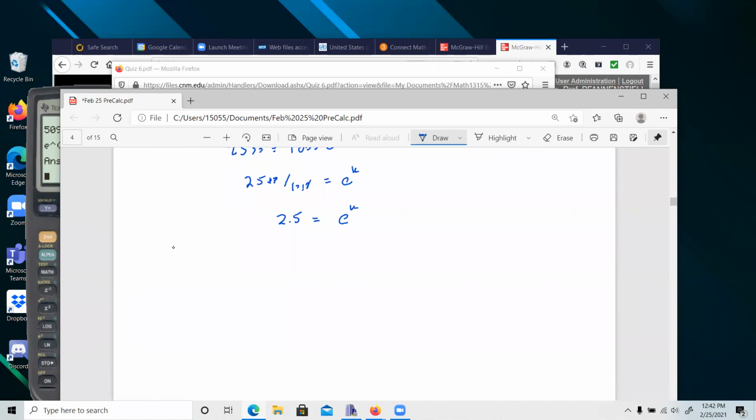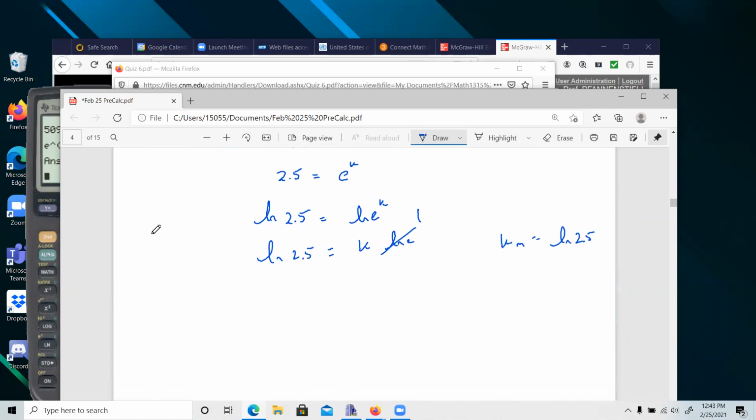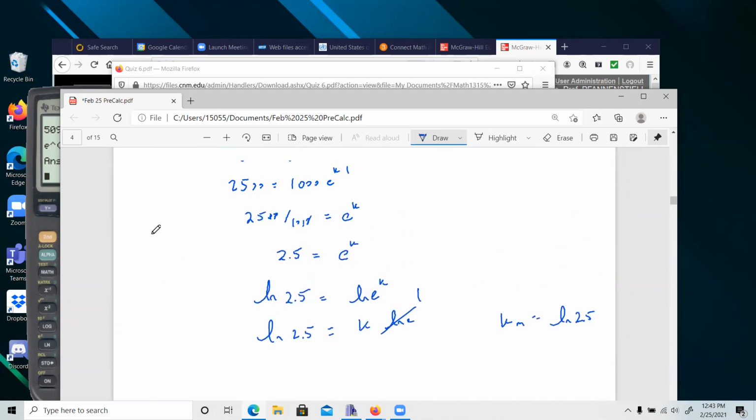Take the natural log of both sides. We have k times the natural log of e, which is 1, equal to the natural log of 2.5. So k sub m, for mosquitoes, is equal to the natural log of 2.5.